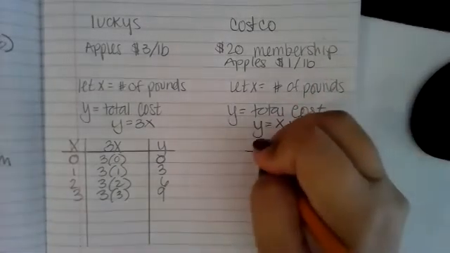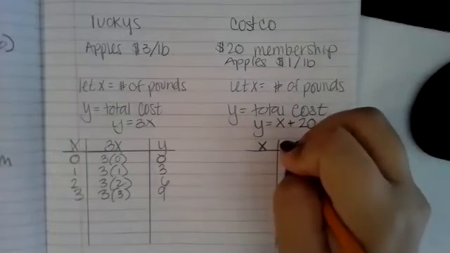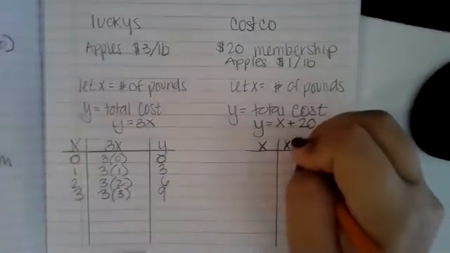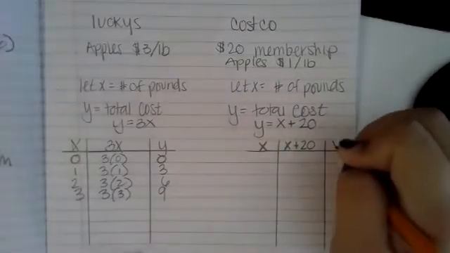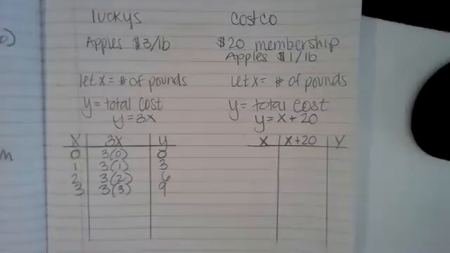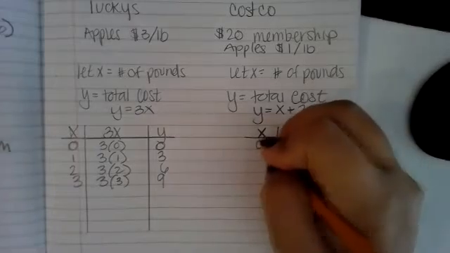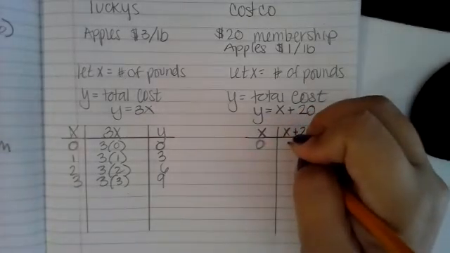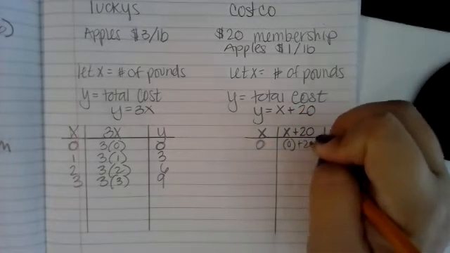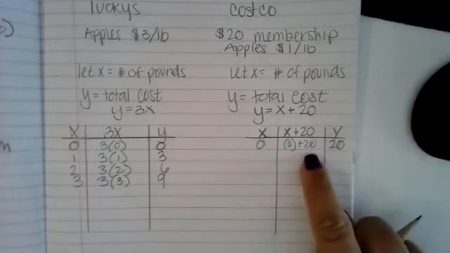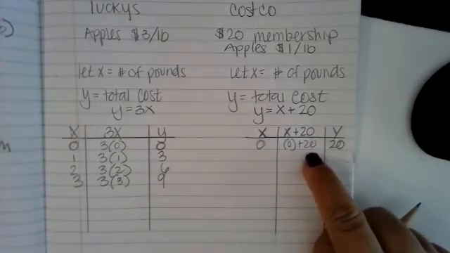So then I have my input-output table x, and then over here I have x plus 20, and over here I have y. So let's take a look at this. If I buy 0 apples, this ends up being 0 plus 20 because I still paid the membership whether I bought the apples or not.